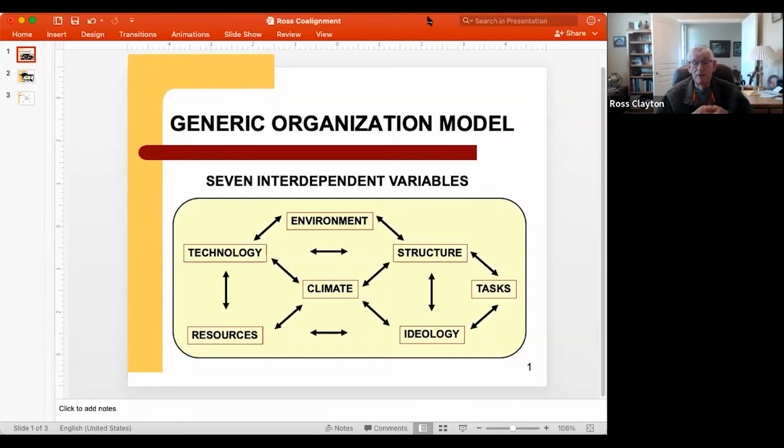And the climate, the morale of the school, was severely undercut by the necessity to cut about $1 million in resources from its budget. And of course, the ideology, or the values and myths the school had about itself and stories it told about itself, were going to be changing rather dramatically given what was essentially a crisis.